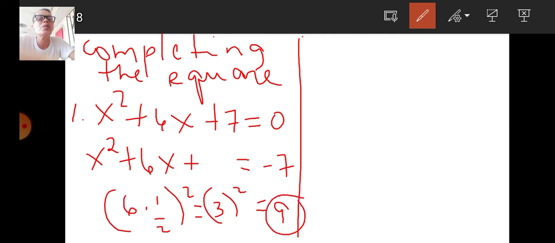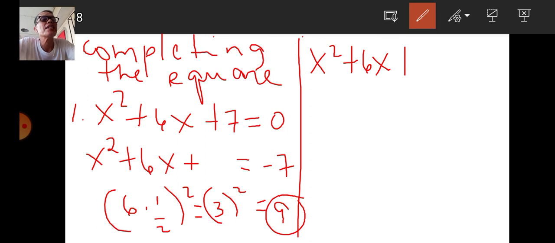So this is the term that you are going to add in order for the equation to be completed. So you will now have x squared plus 6x plus 9 is equal to negative 7 plus 9.